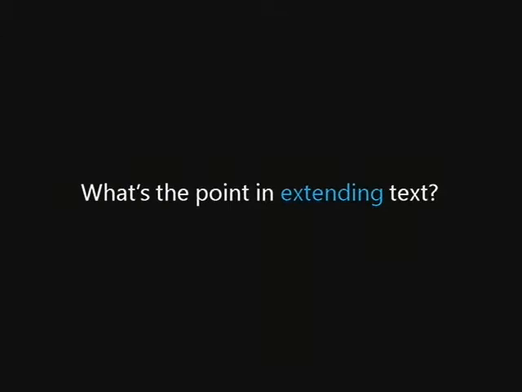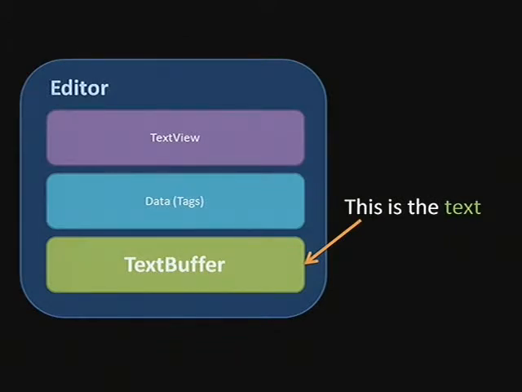But one of the things I get when I try and go explain to people, hey, we have this really great extensible editor, right, is they come back to me and say, why would I even want to extend the editor? It's just text. But we've come a little way since the 1980s with Notepad, right? We've gotten better than just text. Instead of that, we're an entire subset of things.